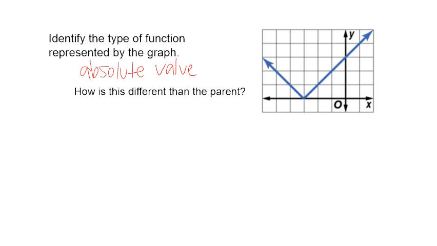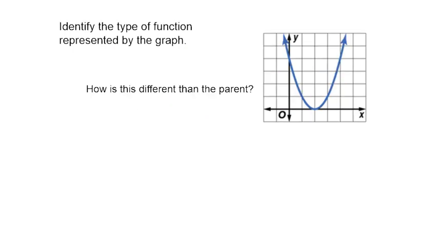And then how is this different from the parent? Well, the parent function usually starts here at the origin, and we go like this. So how is this different? Well, this has a shift to the left 3 units.